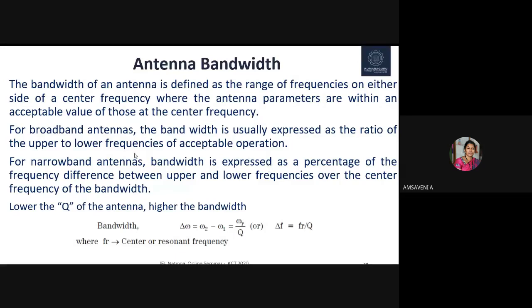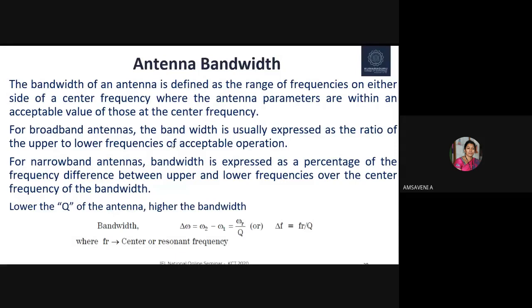Okay, and we have two major classifications of antennas: wideband antennas and narrowband antennas. All antennas fall into these two categories. Either it may be a broadband antenna, or it may be a narrowband antenna. For a broadband antenna, the bandwidth is expressed as the ratio of upper to lower frequencies.